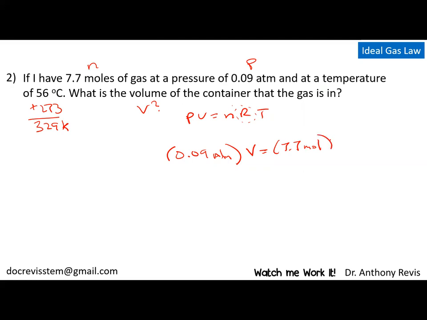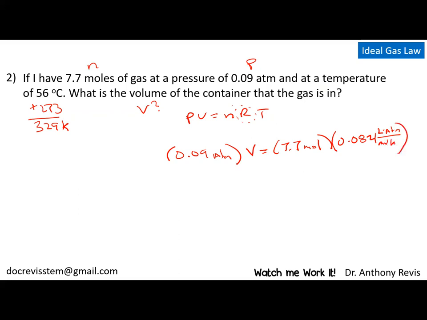And we have R, which is a universal gas constant that we look up on a table, and that value is 0.0821 liter ATM per mole.